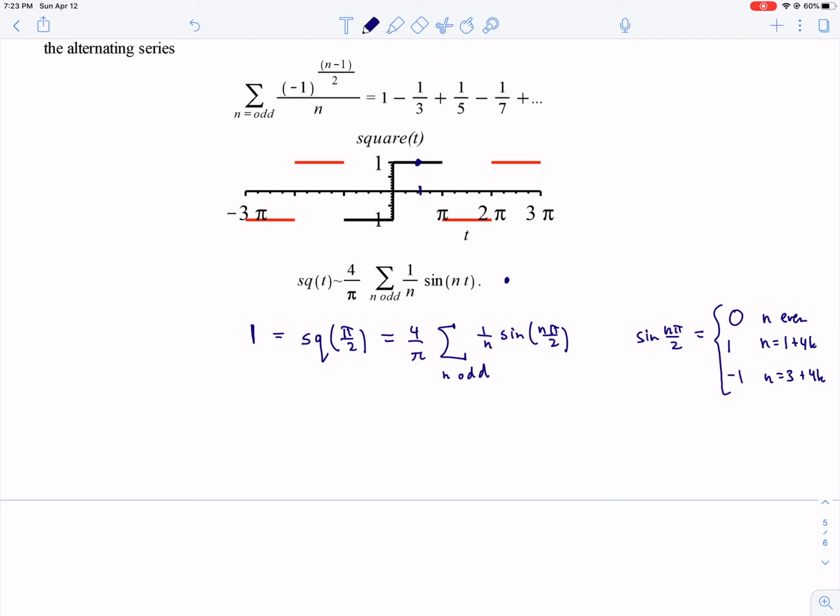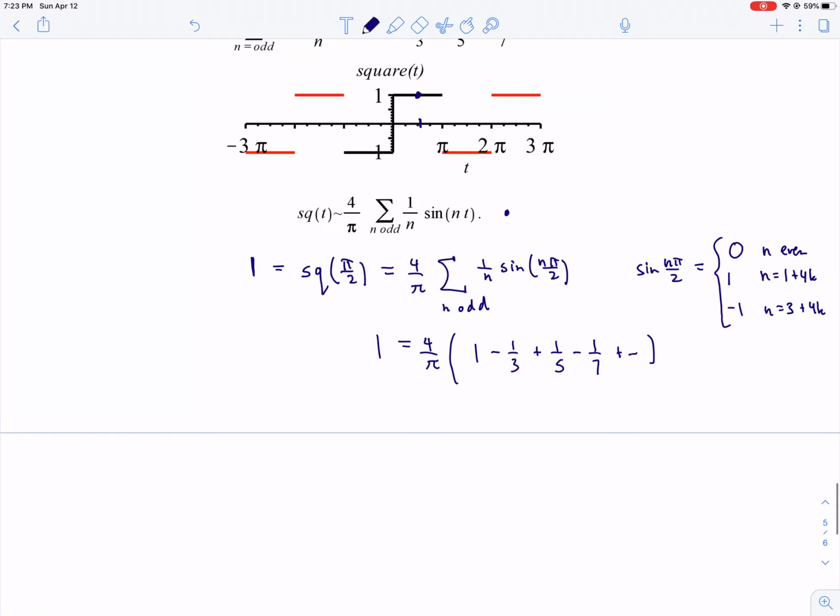So what I get here is 4 over pi. When n is 1, I just get 1 over n, so I get 1. When n is 3, the sign is negative 1, so I get minus a third. And when n is 5, I get plus 1/5, and so on.